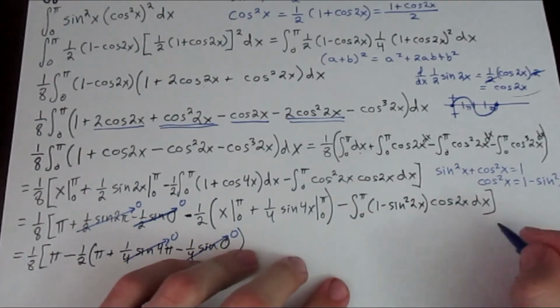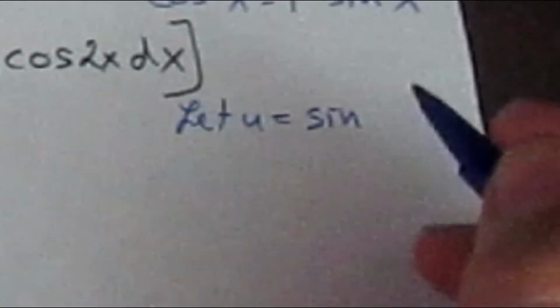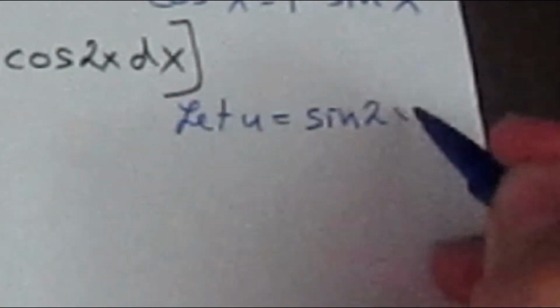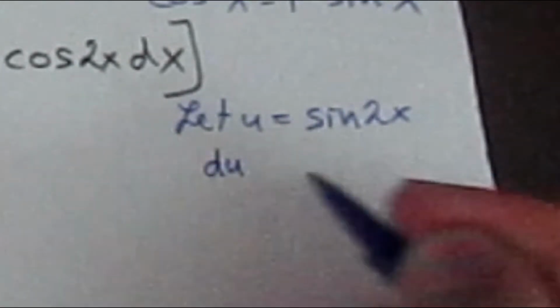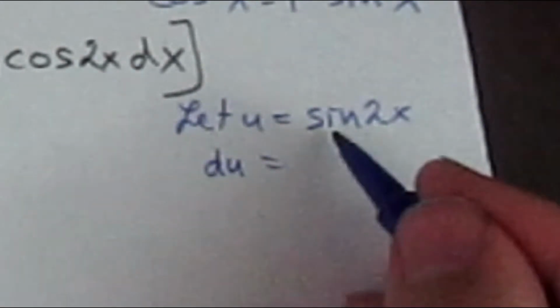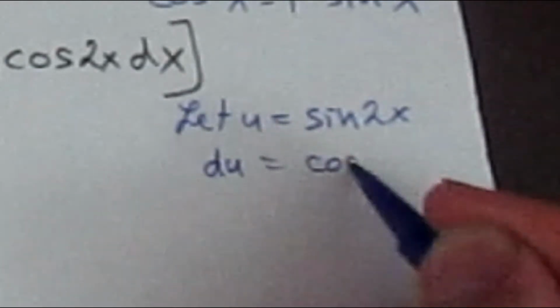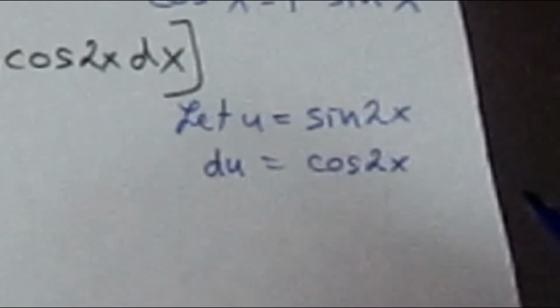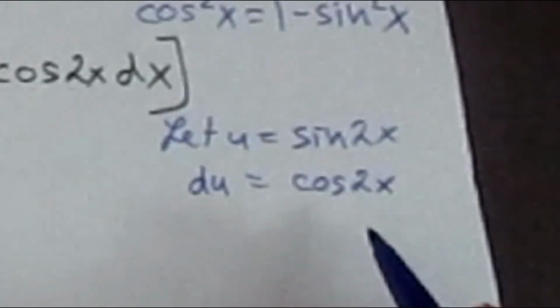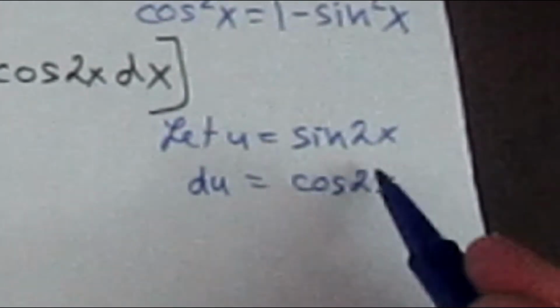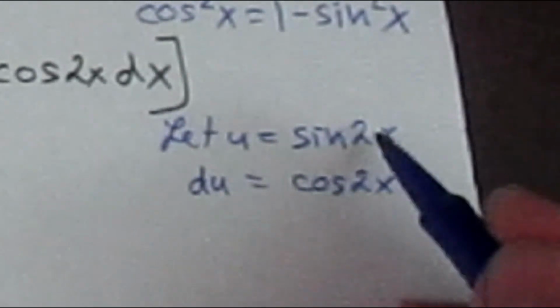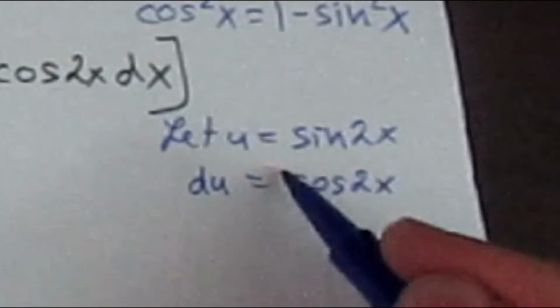Now, we let u equal sine of 2x. du, therefore, will be the derivative of sine of 2x, which is cosine 2x. Now, note that we have to use chain rule. The derivative of the inside function 2x is 2.